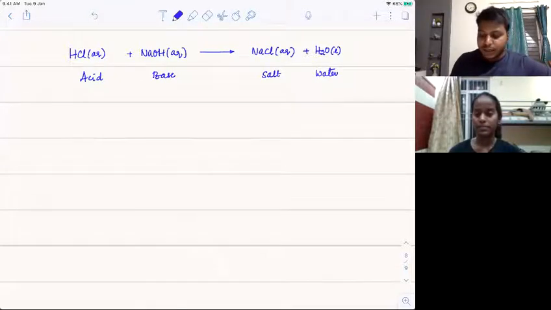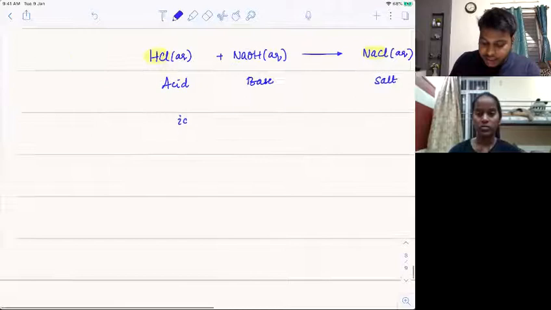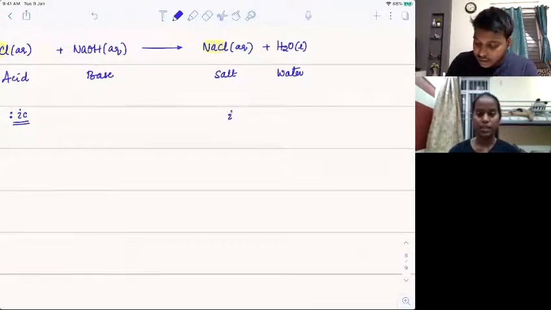Now, the name of the salt will always depend on the name of the acid. Understood? What is your acid's name? If it is a hydra acid and its name ends with ic, got it? Then the salt name will always end with ide.